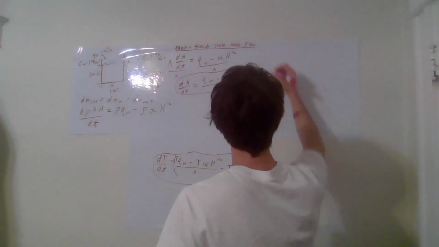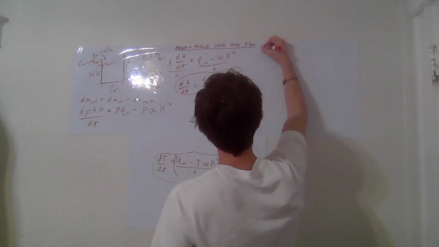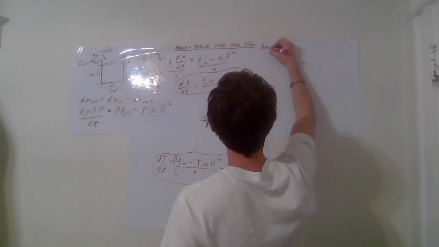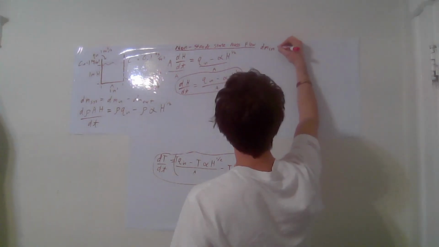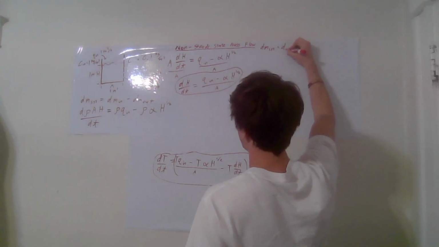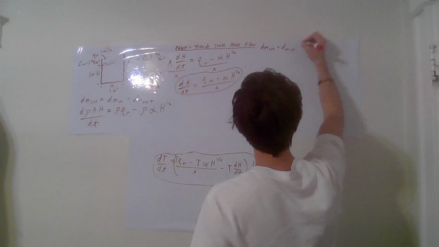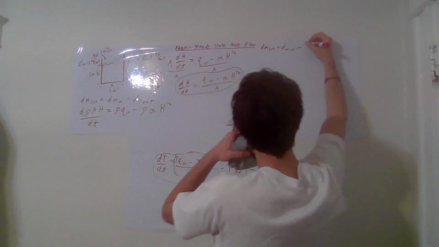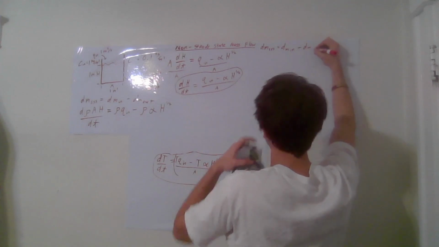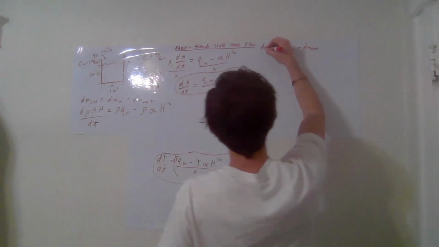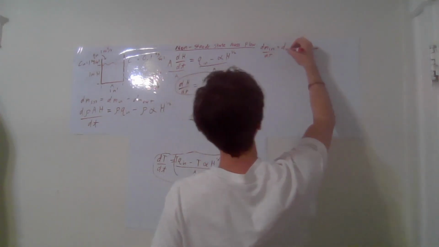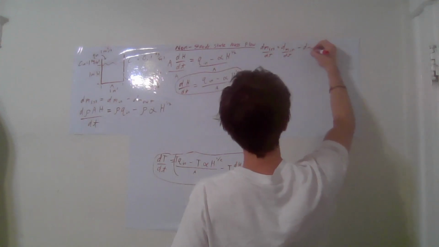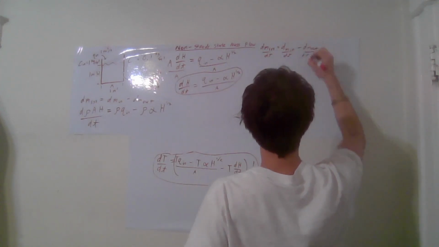And we can say that the change in the mass of the system is going to be equal to the change in the mass coming in minus the change in the mass going out. Same equation. All with respect to t.